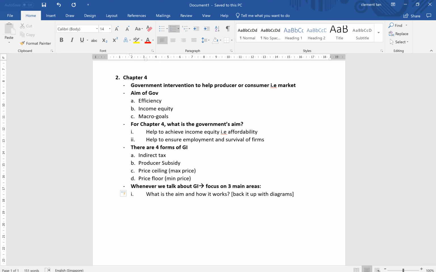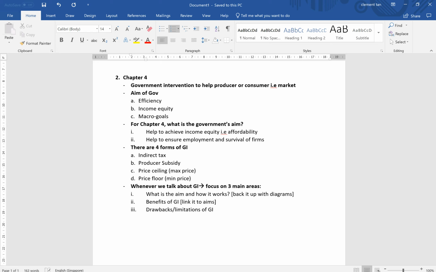Okay, after that we talk about the benefits of the government intervention. We usually link it to the aims. Then the third one is the drawbacks or the limitations.